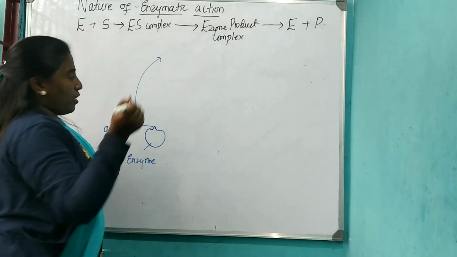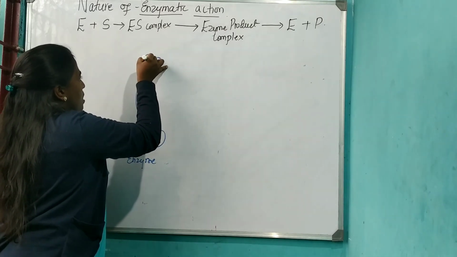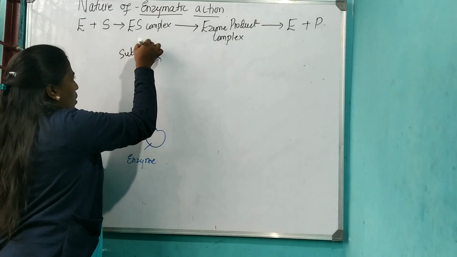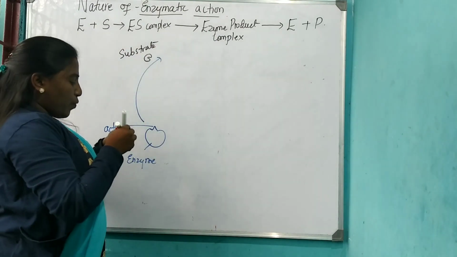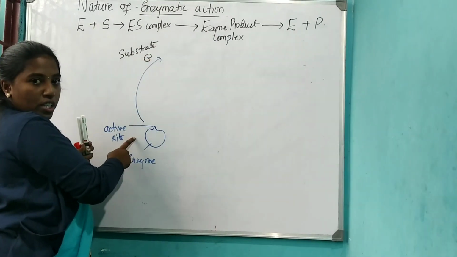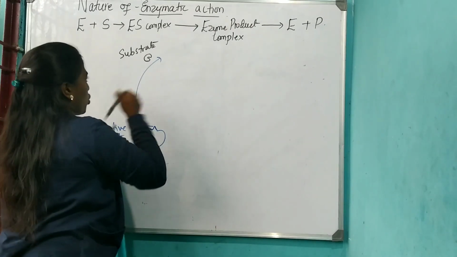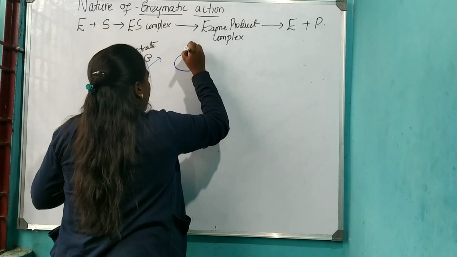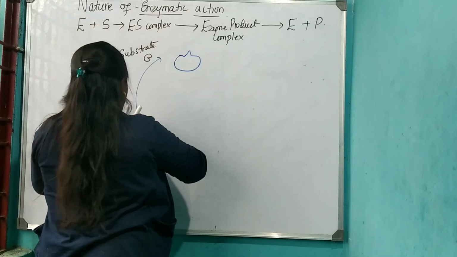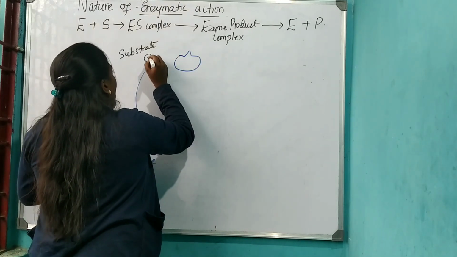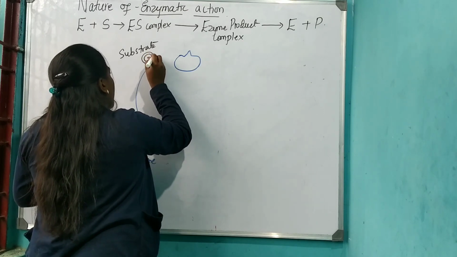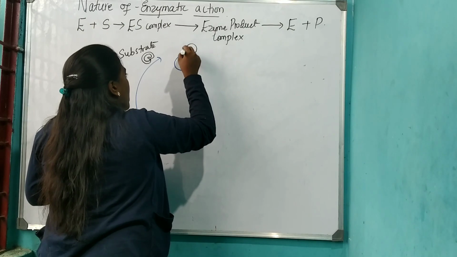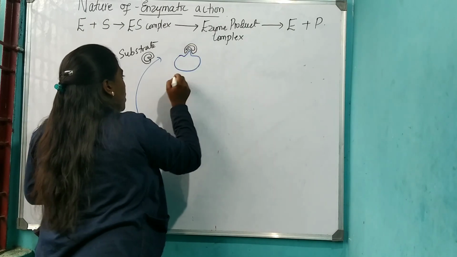For example, this is the substrate. When the substrate combines with the active site of the enzyme, it results in the formation of the enzyme substrate complex, which is formed here.